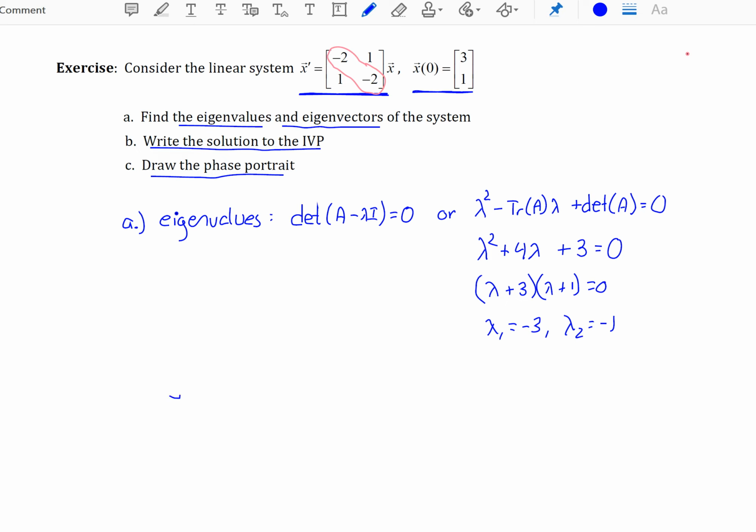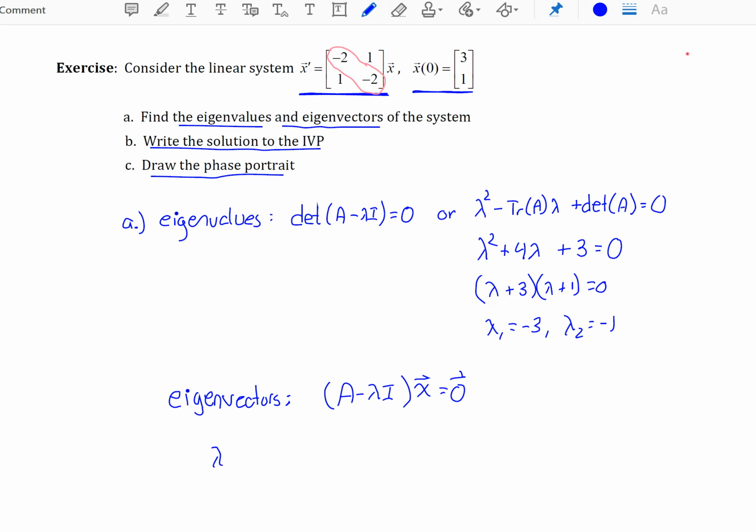Now we're going to go and look for our eigenvectors. To find our eigenvectors, we look at the equation A minus lambda I times some vector equals the 0 vector.